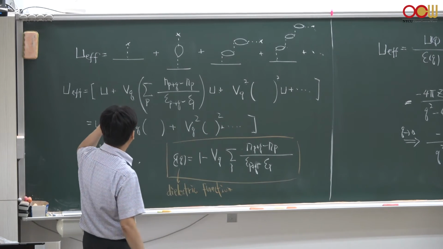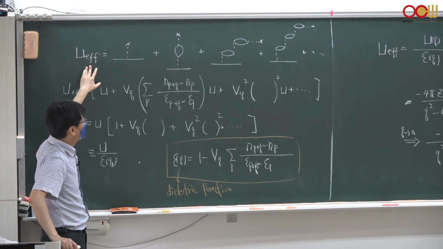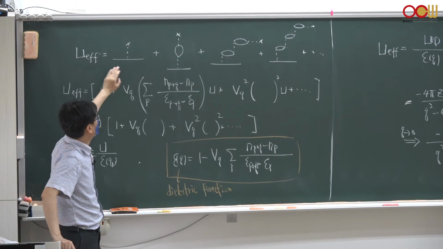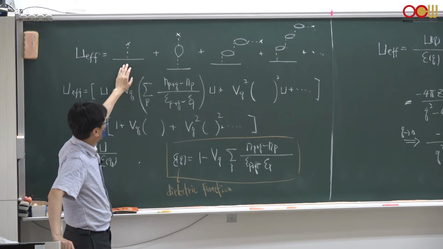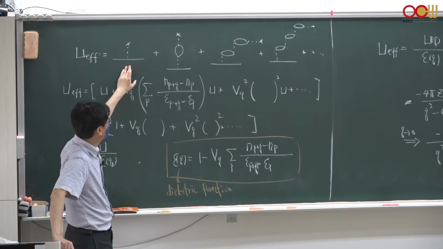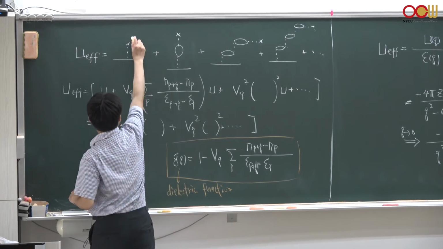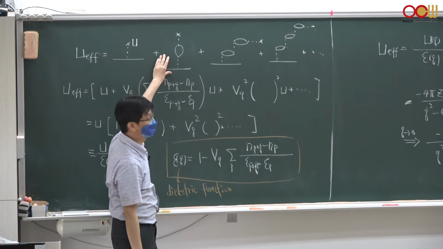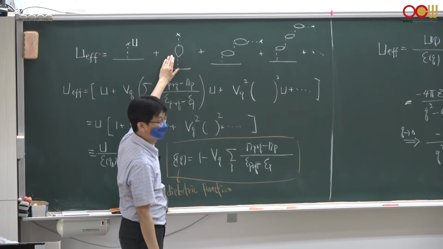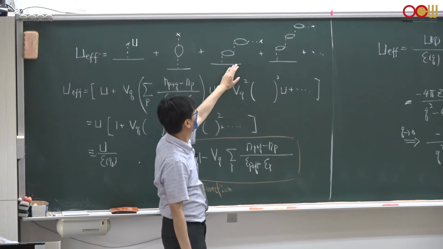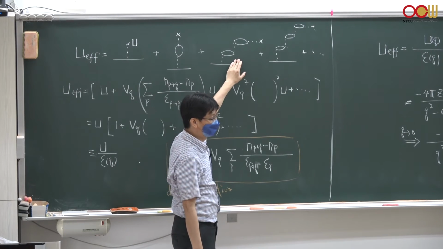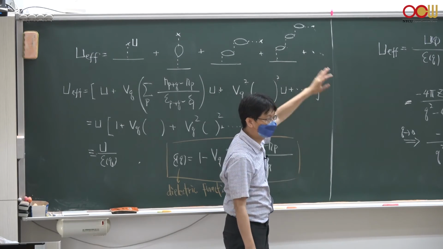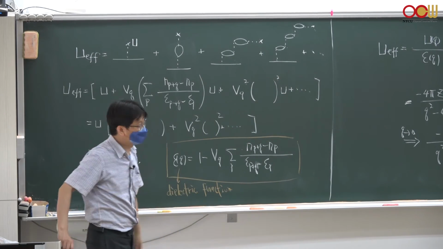As I mentioned, the total U effective is the sum of all contributions from all orders, which is given by the first non-perturbed term U, plus the second order term, which contains one loop or ring, and also the two loops, two ring contributions, and three rings, and so on and so forth, up to an infinite number of rings.